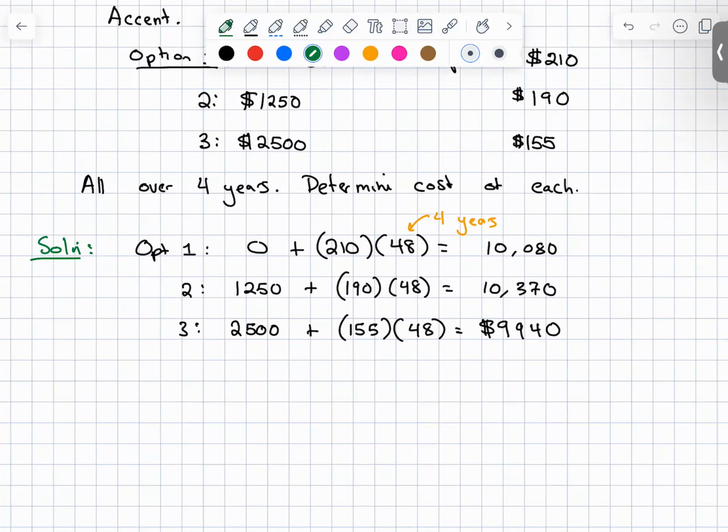So the last example of leasing versus buying that I want to do is talking about a rental agreement.